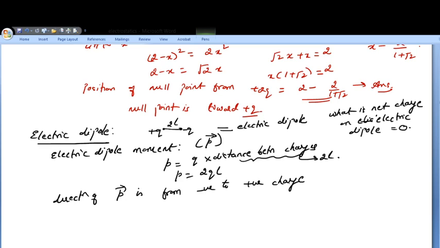So in this figure, if I have plus q and minus q, this is a dipole separated by distance 2L. So what will be the dipole moment? Dipole moment will be equal to 2qL. And how is it going to be pointed? It will be pointed in this direction, so this is going to be minus i cap.